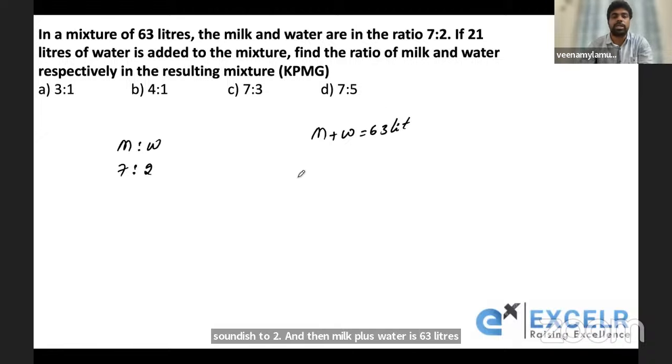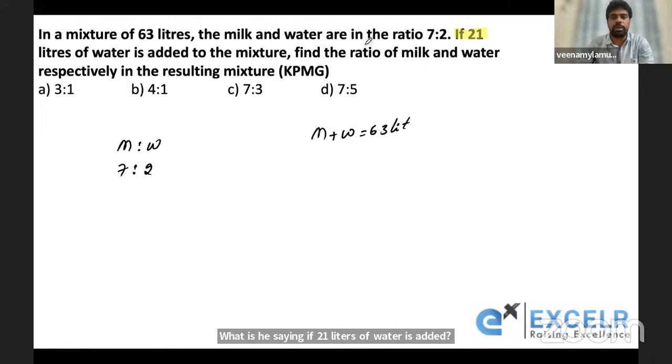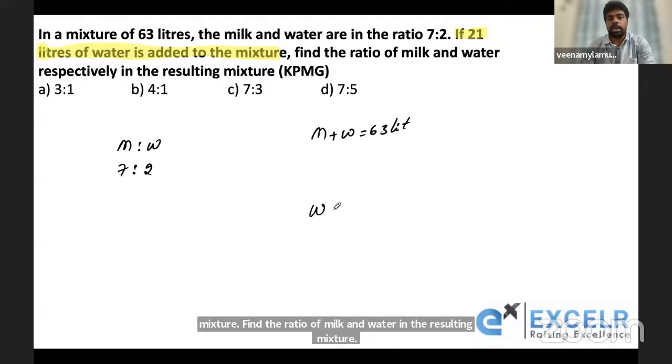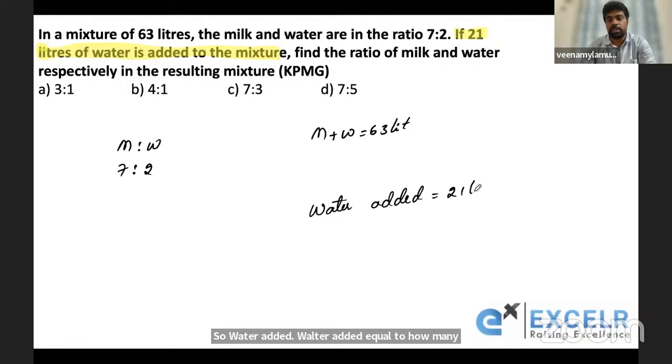If 21 liters of water is added to the mixture, find the ratio of milk and water in the resulting mixture. So water added is how many liters? 21 liters. If water is added, the milk side should not change.